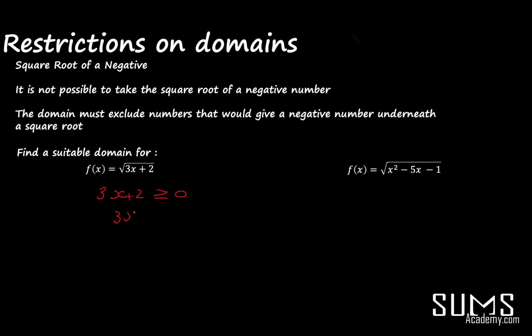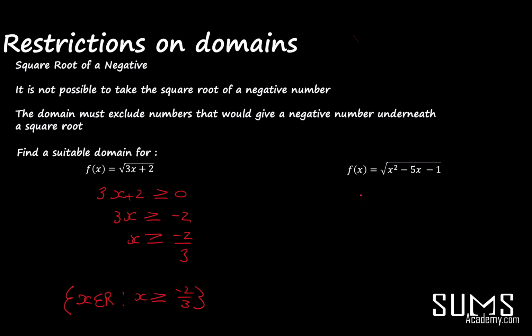So 3x must be greater than or equal to negative 2, so x must be greater than or equal to negative 2 over 3. And you want to write your set: x is a set of real numbers where x has to be greater than or equal to negative 2 over 3.